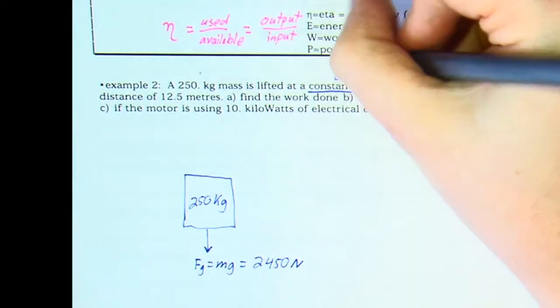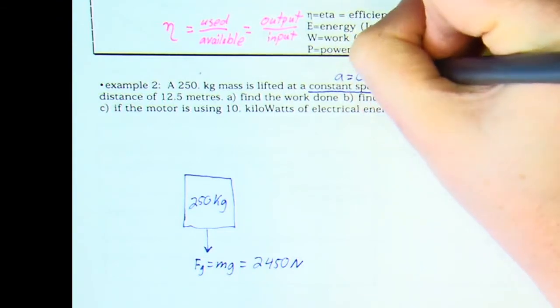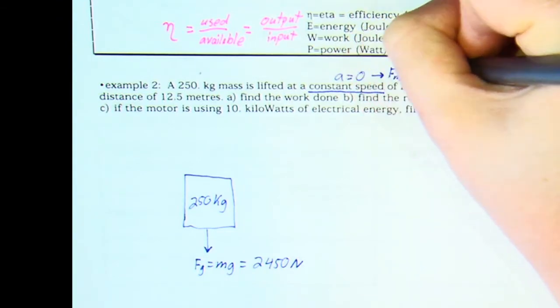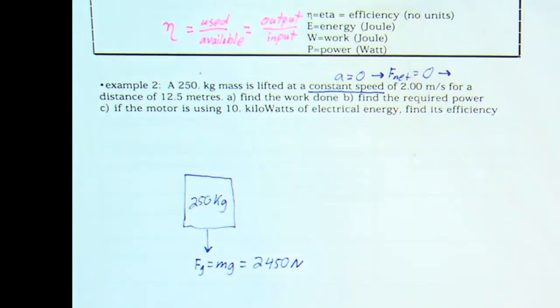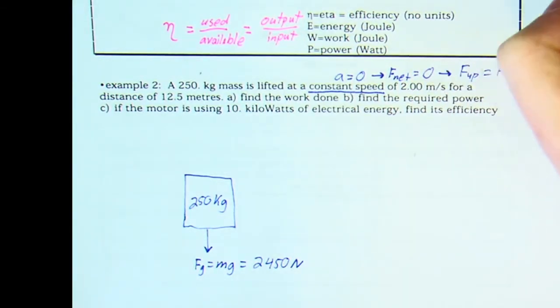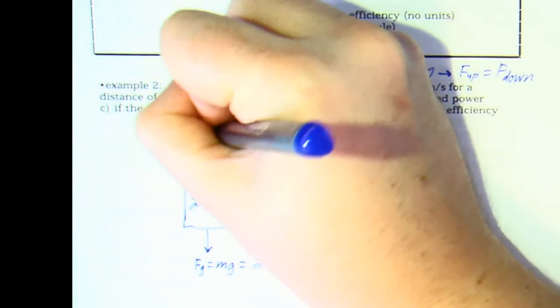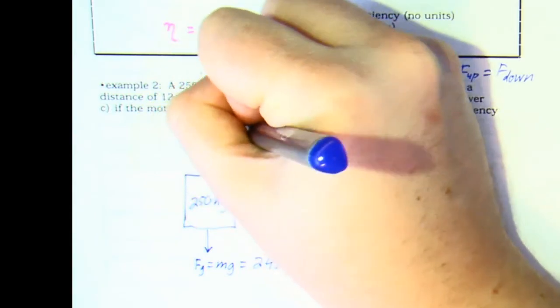If acceleration equals 0, that implies that F net equals 0, which implies that my forces up equal my forces down. Which means that the applied force upwards, Fa, is going to be 2,450 newtons.